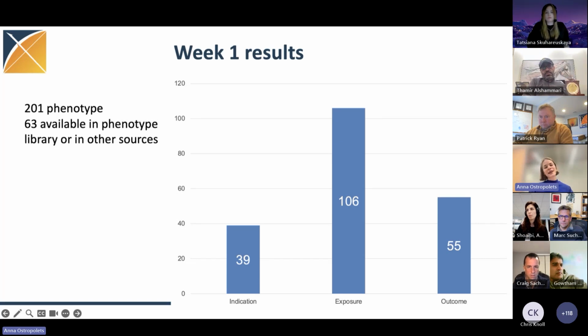So at least it gives us the hope that at least a quarter of those phenotypes we already have in the pocket, either ready to go or requiring minor modification.